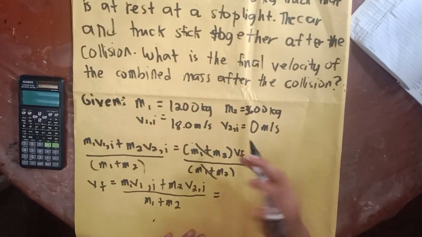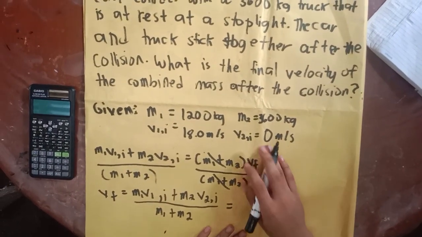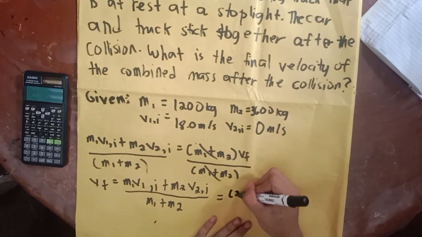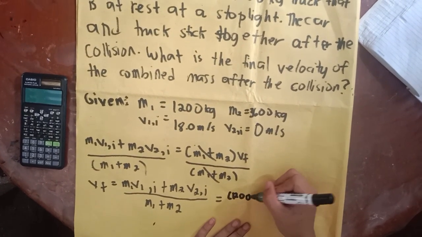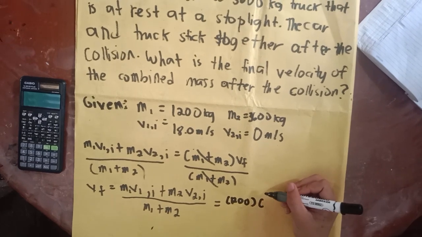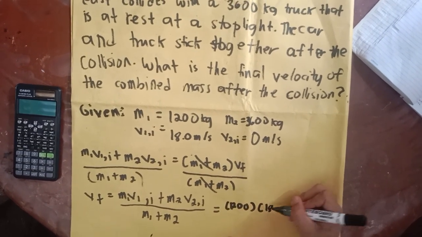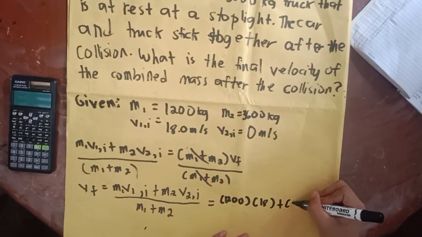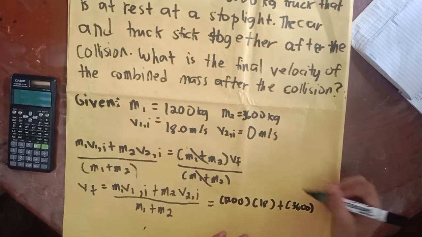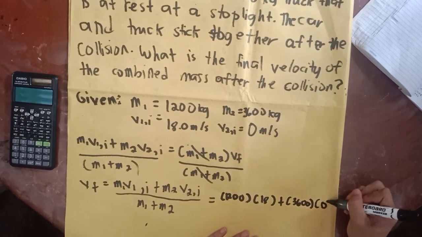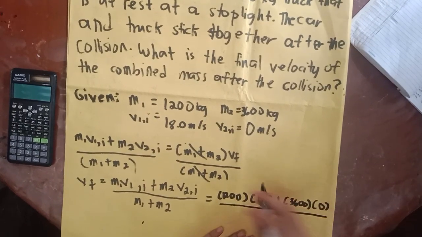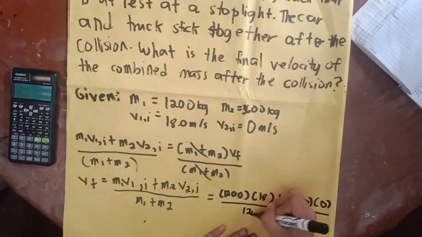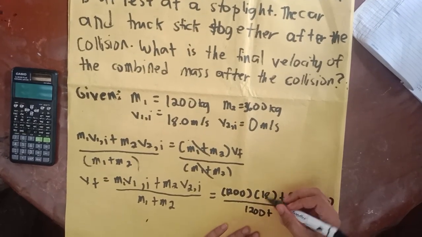So let's just substitute the given. M1 is 1,200, our V1I is 18 meters per second, plus M2 is 3,600 and our V2I is 0, over M1 plus M2. So our M1 is 1,200 plus our M2 is 3,600.